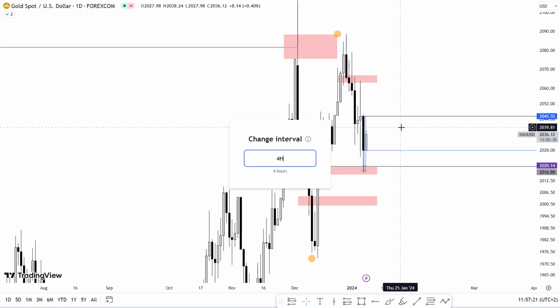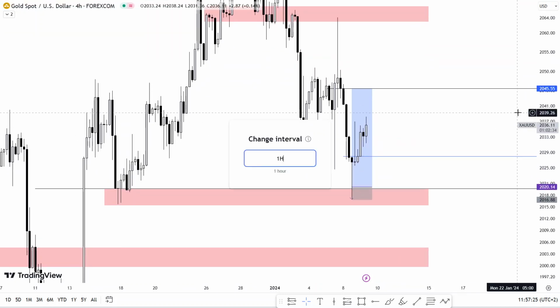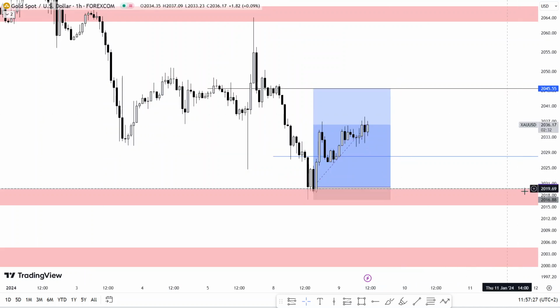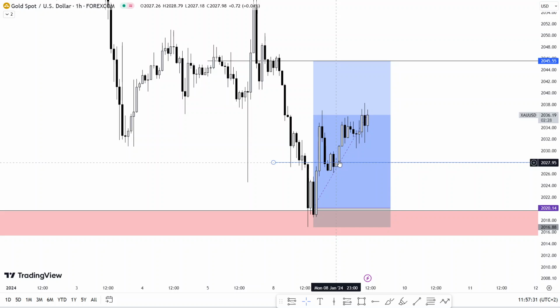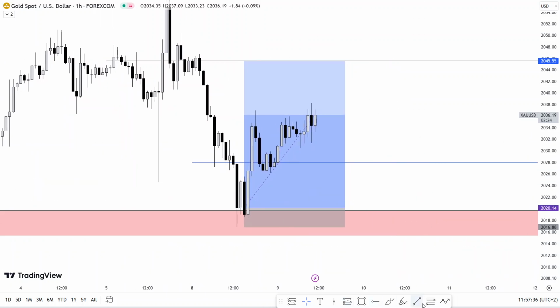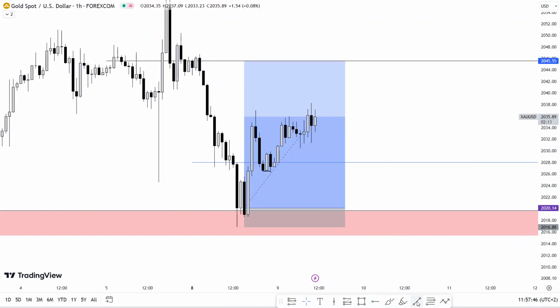So let's go to the 4 hour just to see what might happen. 1 hour. As you can see, we have this open close right here, and then we basically ran the stops there. Ran the stops there, broke the structure right around here, the highest candle.